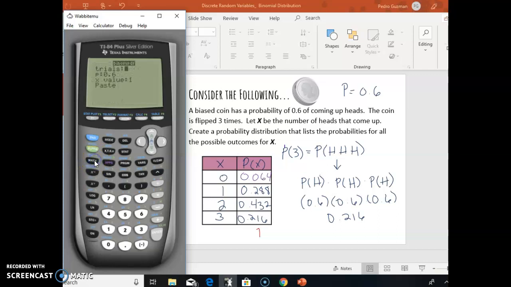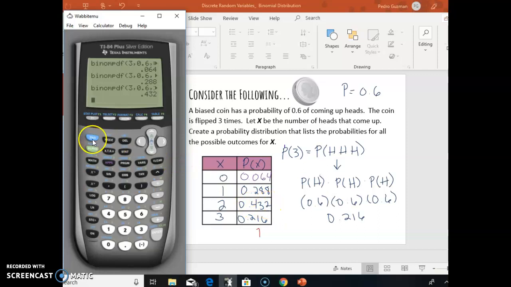I'm going to hit math and see how it takes me straight there. Now trials are still 3, probability is still 0.6, x value is now 2. Probability is 0.432, same thing we got.